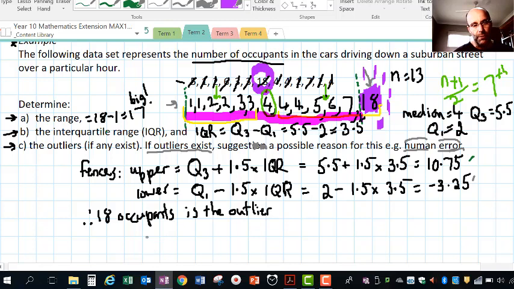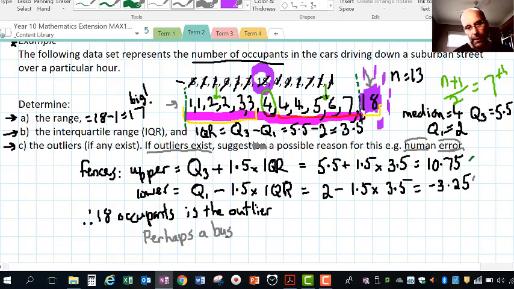So perhaps it's a bus. It's a reasonable one. It might have been a sporting team or a big bus or a council bus. If they included council buses or private buses, it might be a bus.